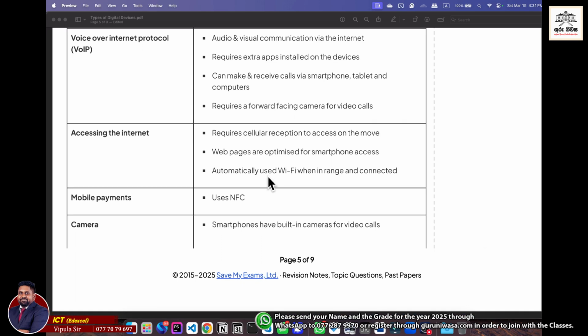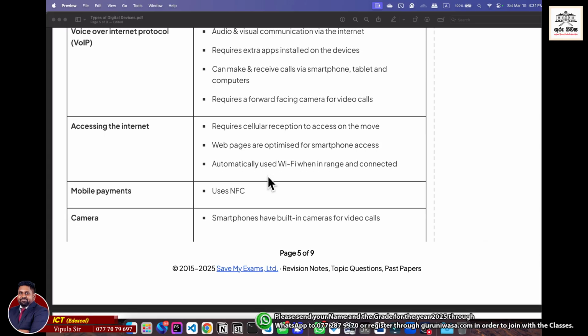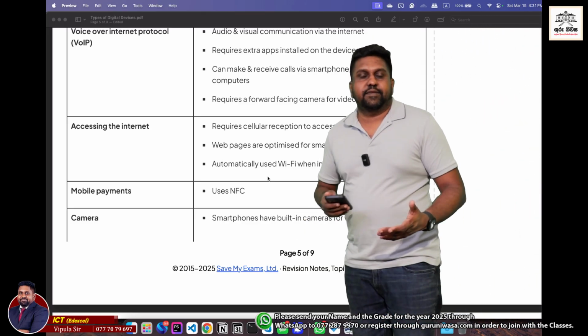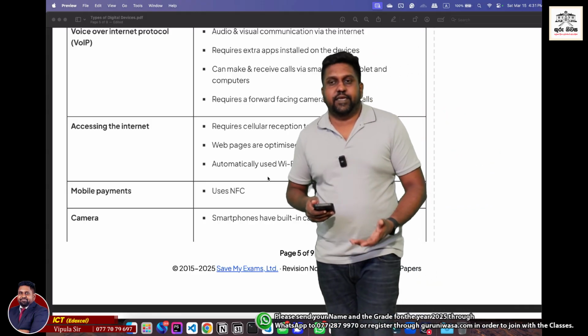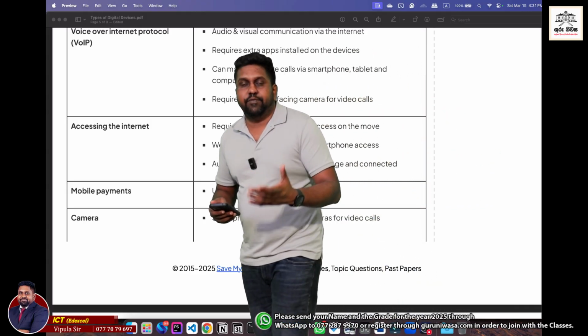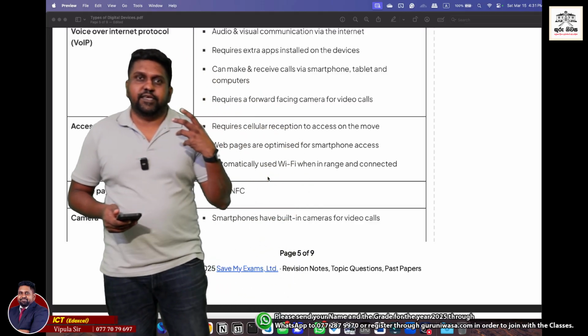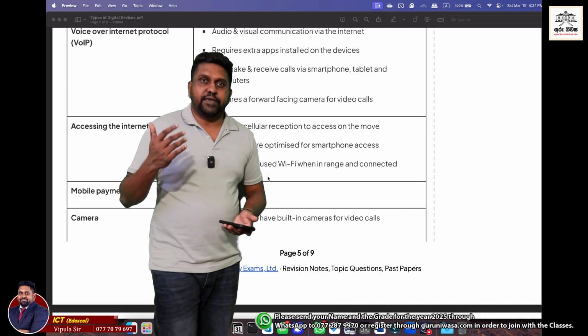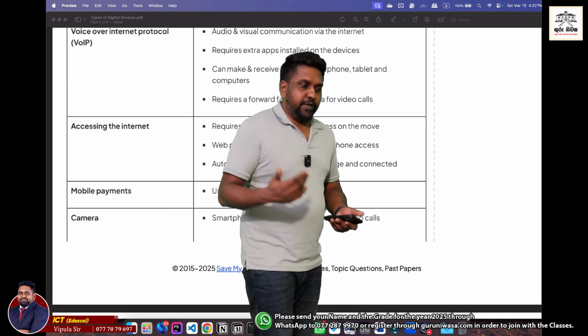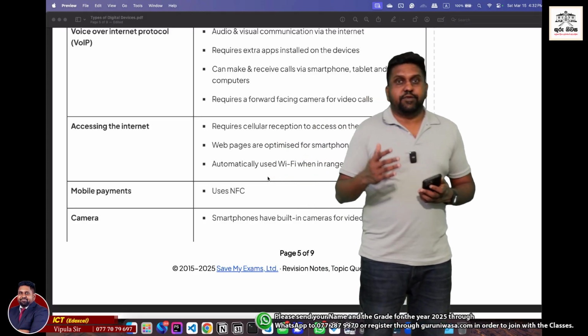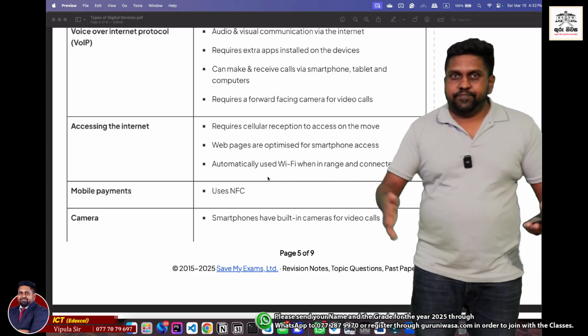At the same time, this again can be a question: what about web pages? When it comes to web pages, they have to be optimized to support mobiles, right? Because ideally, when you look at a website online, the version you see is known as the desktop version. So when you browse the internet on your laptop, you see a larger version which is optimized for the desktop screen.